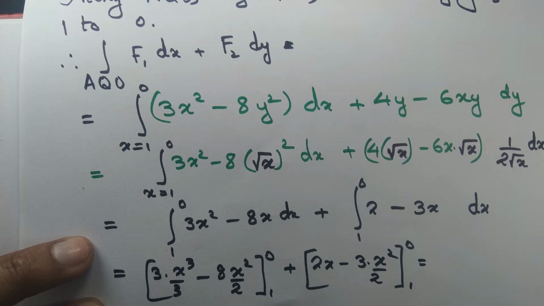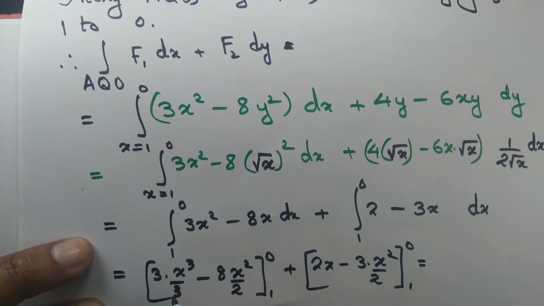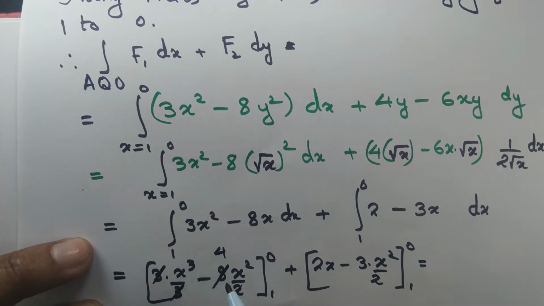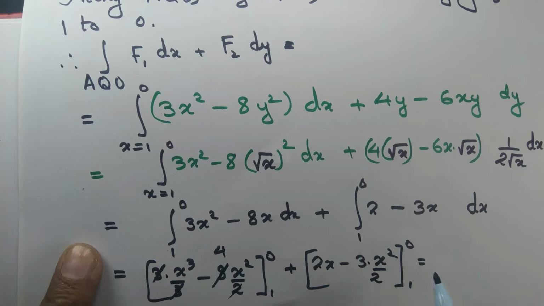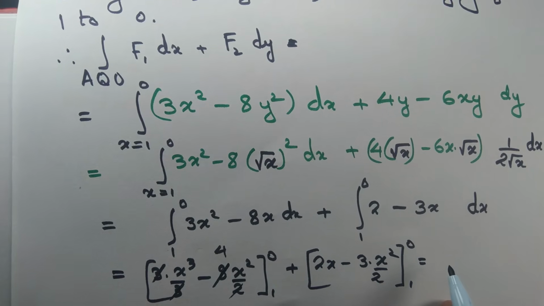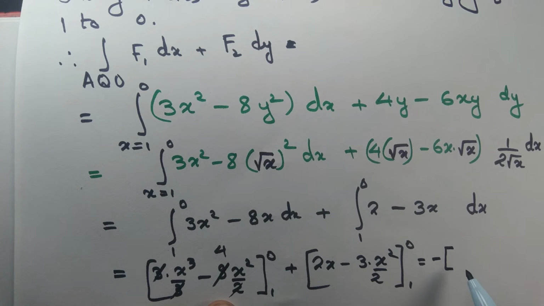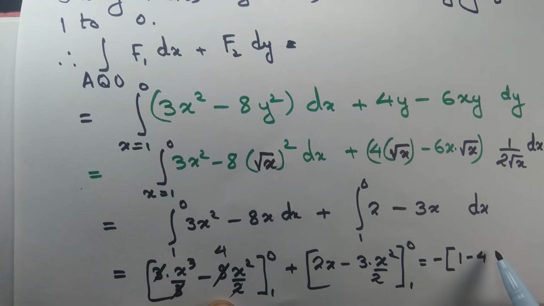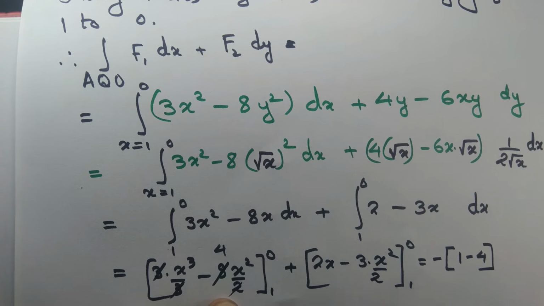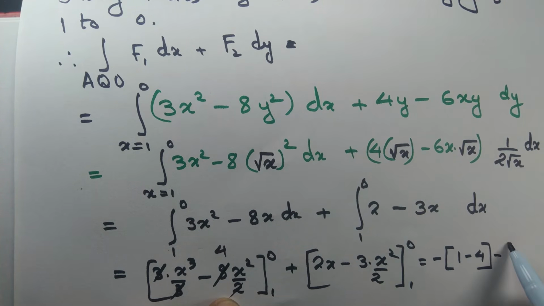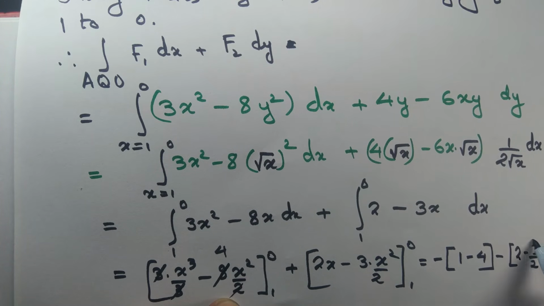Upper limit, when we write 0, we'll have 0 only. 3 gets cancelled. 2 into 4 is 8. Upper limit, when you write 0, we get 0 only. Lower limit, if I write 1, then you have minus 1 minus 4 minus 2 minus 3 by 2.